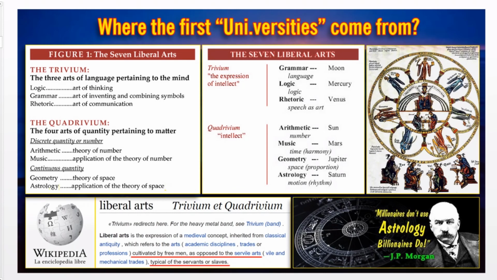Go to Amazon and you'll see the book I'm talking about for $8,000. It's a PDF, $8,000, and it's simply how to play the stock market by the stars. So if you think that's crazy, that's up to you. But you've got the J.P. Morgan quote right there telling you that the millionaires don't use astrology, the billionaires do.